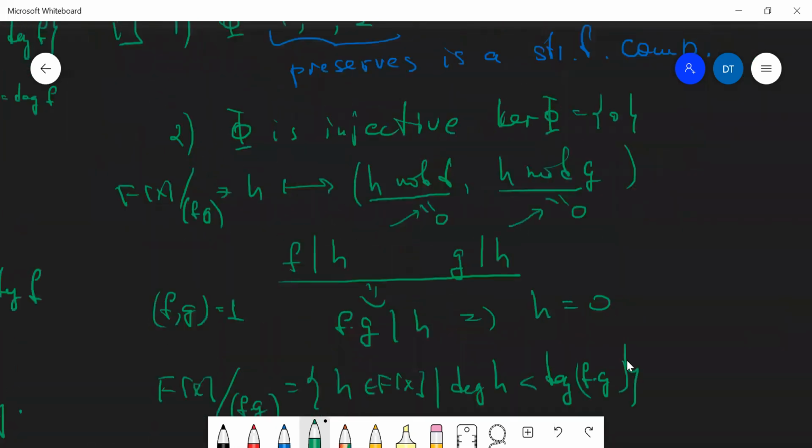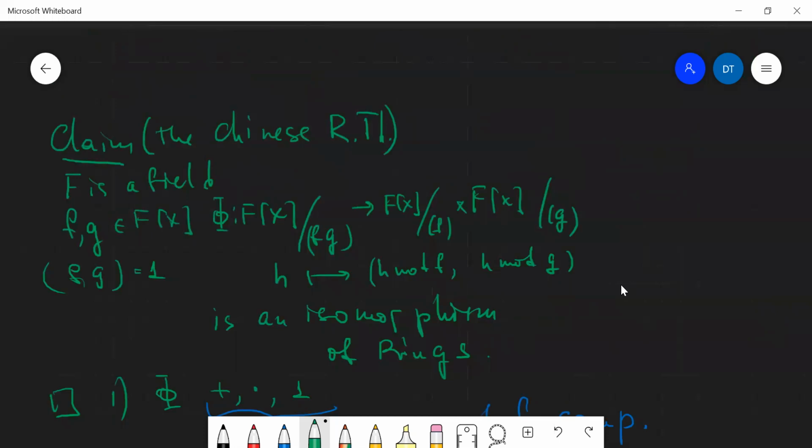Okay, let me summarize what's going on here. Until now, we discussed the notion of this strange object, which is the ring of remainders, or a quotient ring of the polynomial ring with respect to a polynomial.